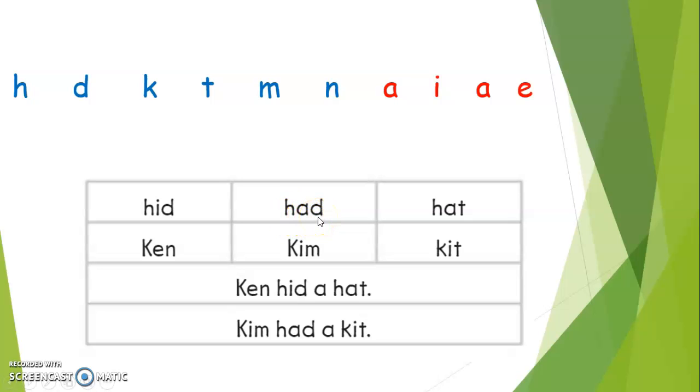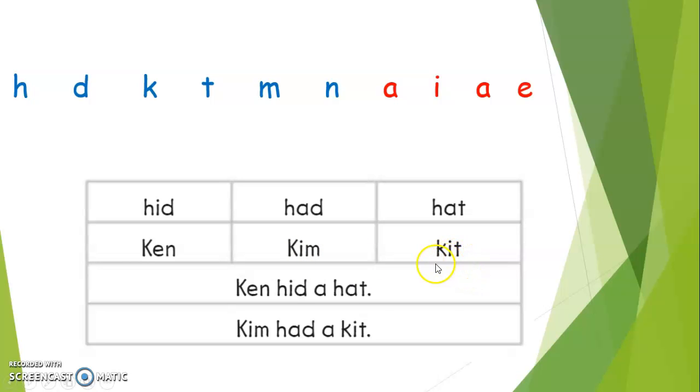You can kind of sing it, and it will help you put those sounds together. /a/, /t/, hat. Next row. /k/, /e/, /n/, Ken. That's someone's name. Kim. Someone else's name.